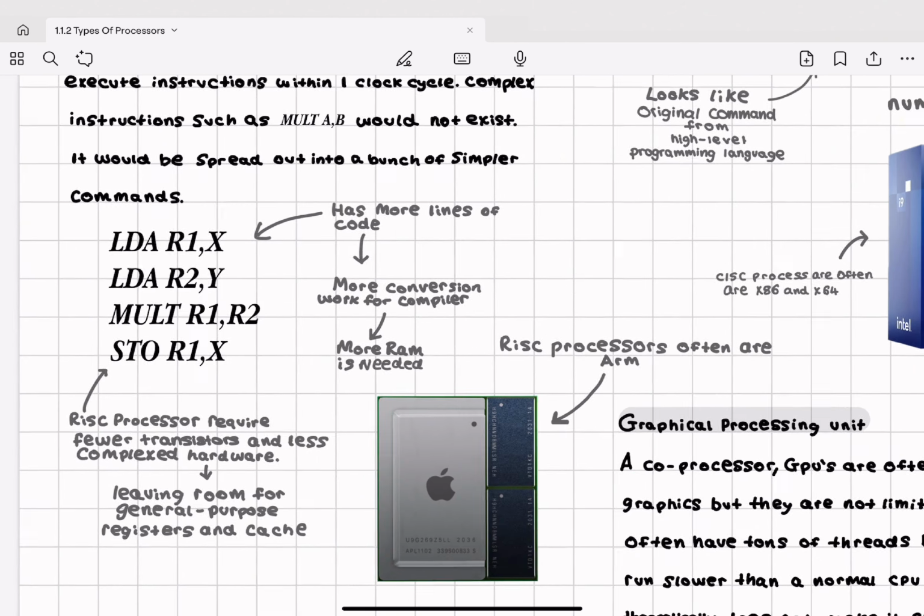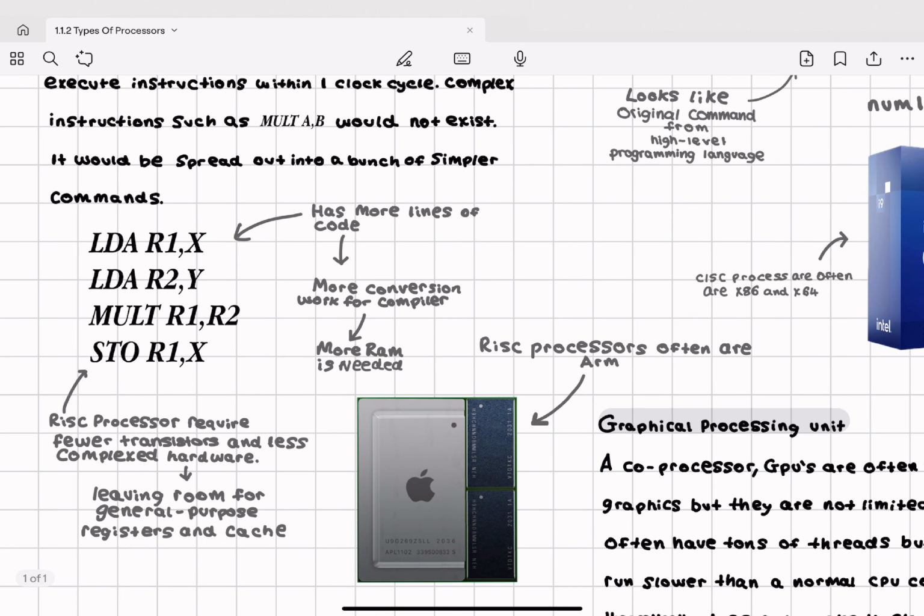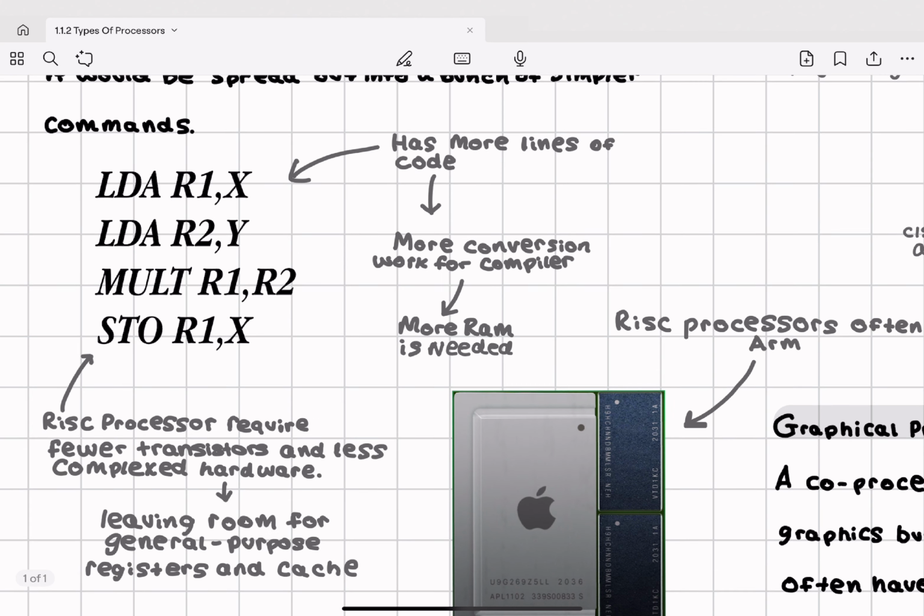It has more lines of code, which means that more conversion work is probably going to be necessary, which means more RAM. But RISC processors often require fewer transistors because it's going through one clock cycle, and they would often need less complicated hardware, leaving more room for general purpose registers and cache, which increases efficiency.